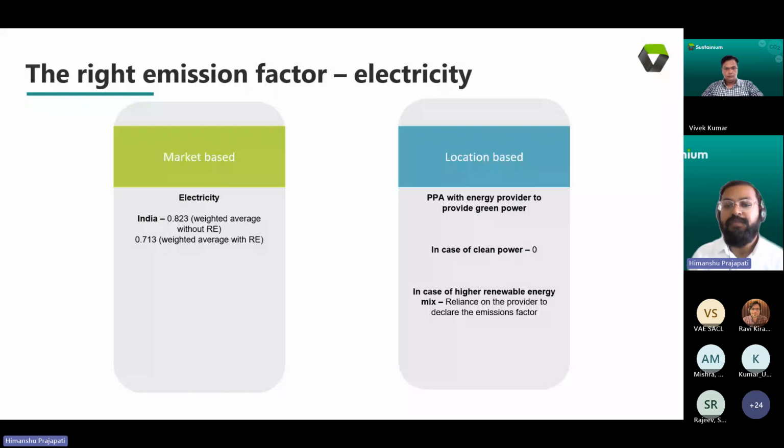But it can also be a mix of energy wherein you're getting renewable energy as a mix, where let's say 50% is coming from a coal power station and 50% is coming from renewable energy. In that case, you should have very specific emission factors that you need to ask your provider, which you will factor into the platform or your calculator, and hence it should be calculated. I'm really sorry about market and location based. Please consider it reverse.